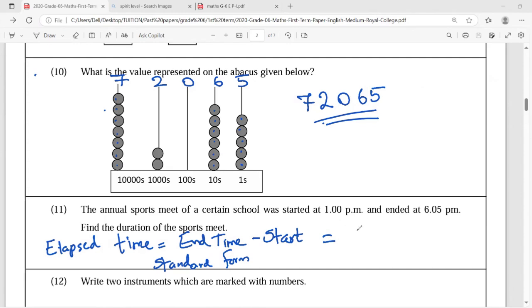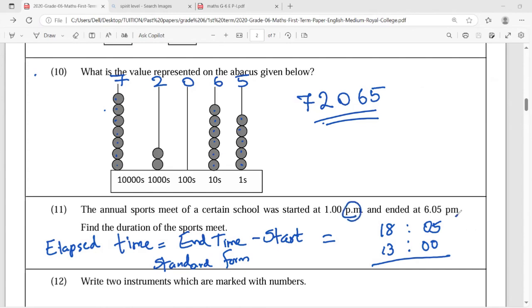If you write in the standard form, it finished at 18:05, and started at 13:00. Right. Actually, even if you get this in the 12-hour clock, it is possible because all are PM.